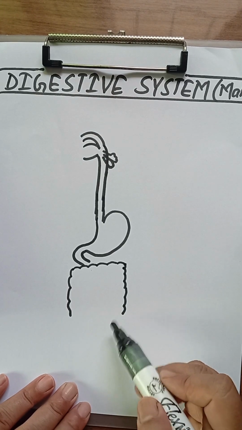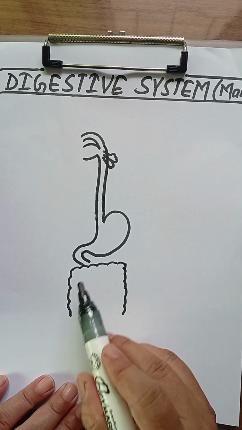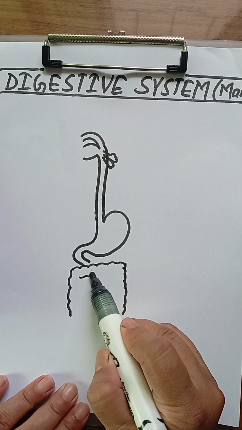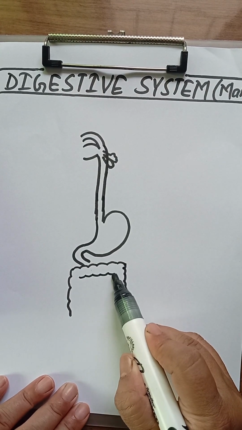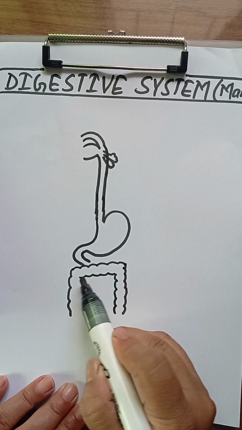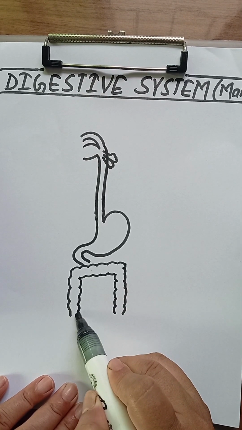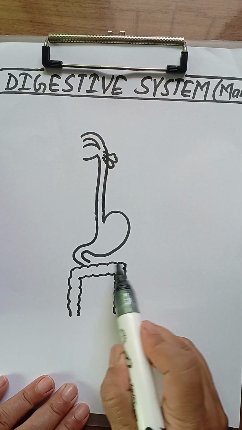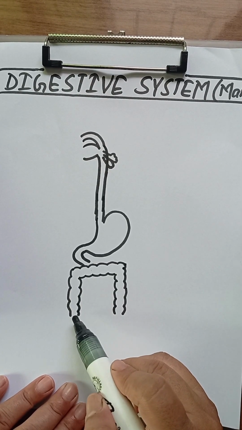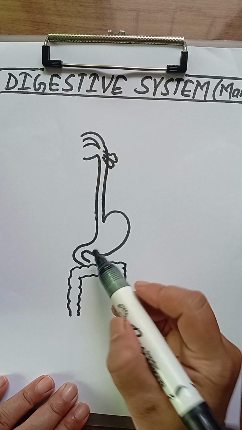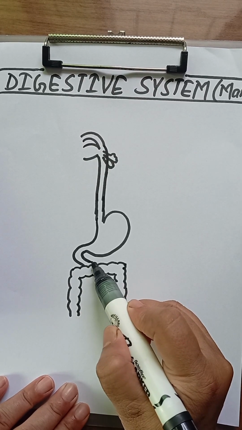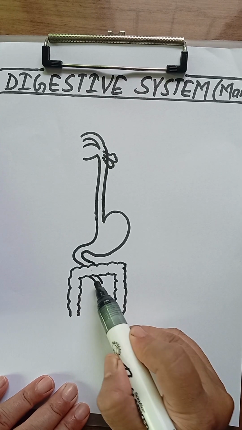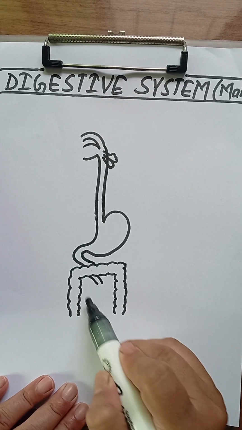By seeing the diagram, you can know you are making an inverted U like this, and you are making the sac-like structure opposite to the previous ones, making double sac-like structures. This is the large intestine. This is the colon of the large intestine, and you are connecting the small intestine to the large intestine and entering inside the cavity here.